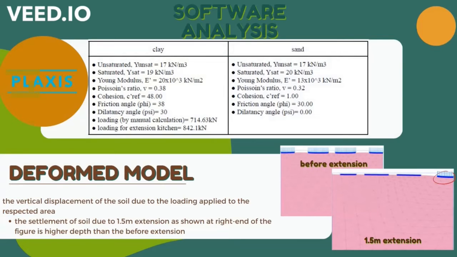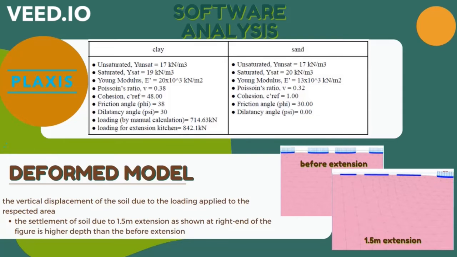The pile foundation that we studied is located at the right end of the foundation plan. As shown here, this is the figure of the deformation model. It indicates the vertical displacement of the soil due to the loading applied to the area.